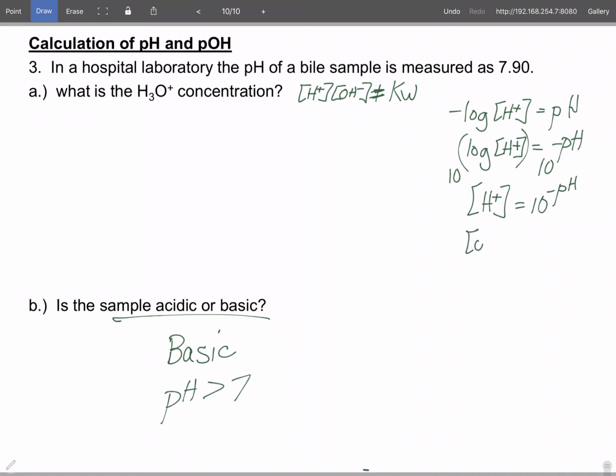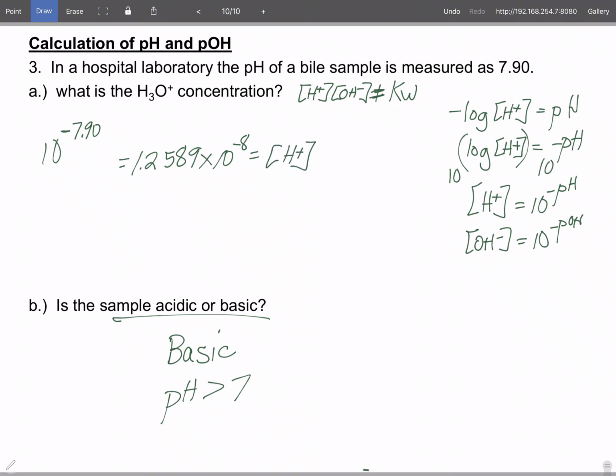So the hydroxide ion concentration will be 10 to the negative pOH. So if we're looking over here at this, then we would say 10 to the negative 7.90, which when you put that in your calculator, you're going to get 1.2589 times 10 to the minus 8 is equal to the H plus concentration.